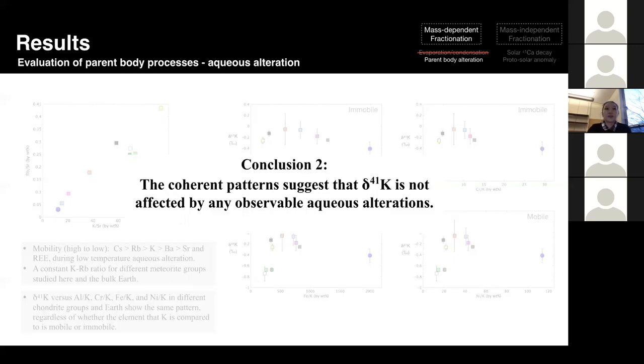So we conclude that no obvious alteration is observed to affect potassium isotope data, and using large samples from multiple institutes, we believe we minimize the local heterogeneity.